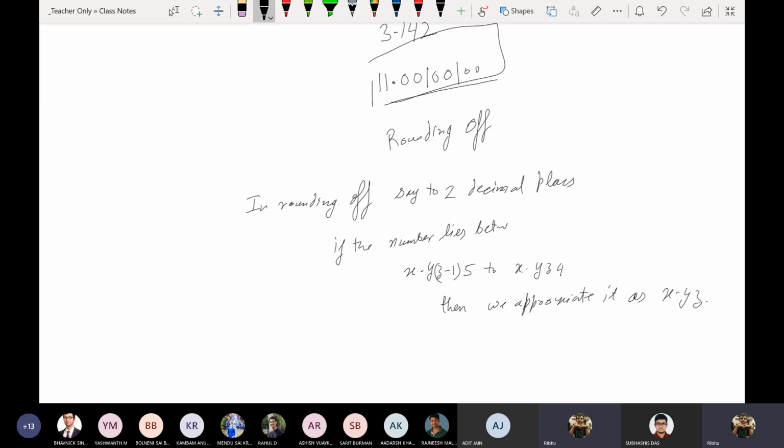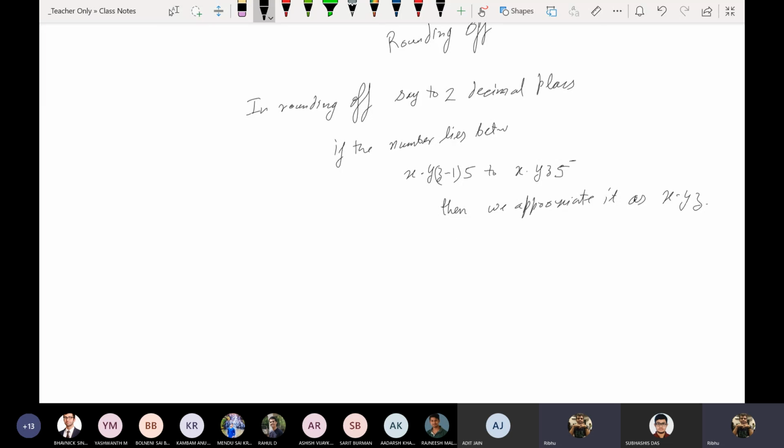This is the general rule for quantization. Actually, this shouldn't be 4. This should be 5 minus, because 0.4999999 would also be approximated as x.yz, right?